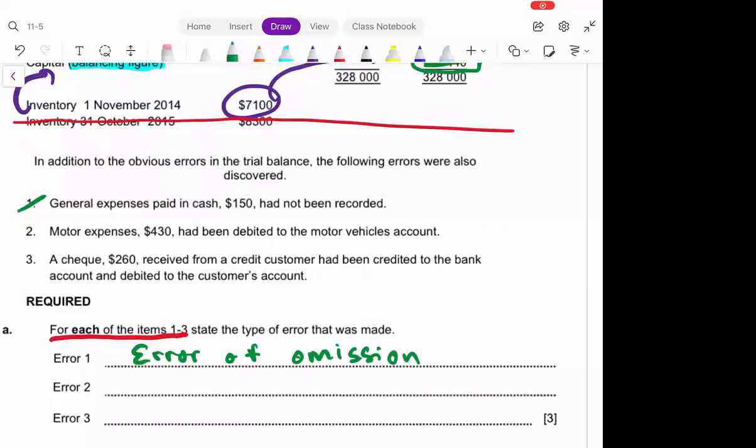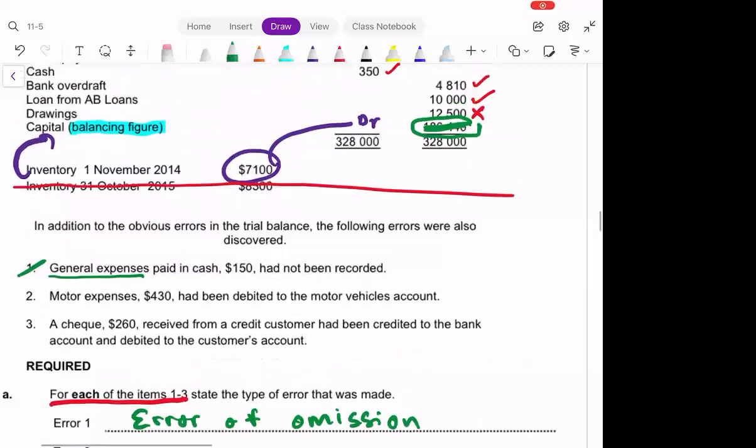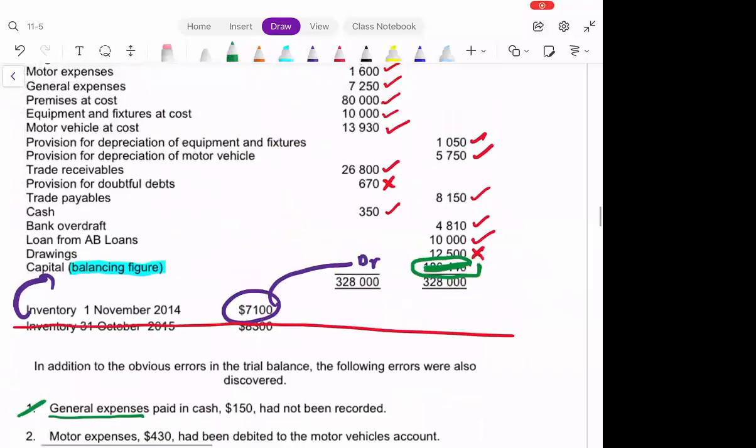And can I do the correction? How do you do the correction? So, general expenses, do you plus or minus? Plus. So go find general expenses, you plus another 150. And then your cash, you paid the cash. If you pay the cash, will your cash increase or decrease?